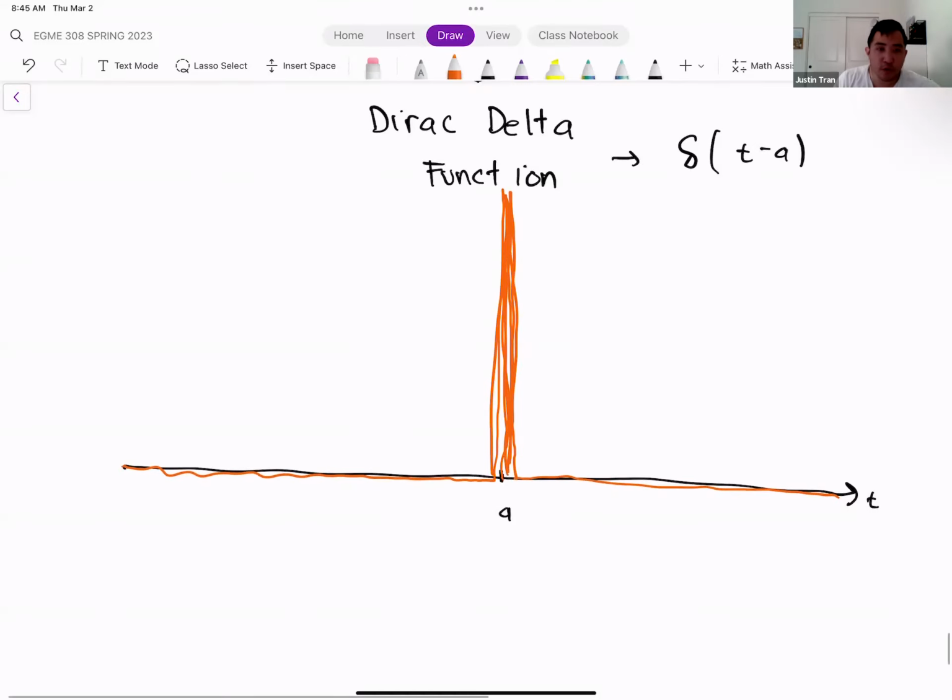If you were to write it out as a function, we have delta of t minus a is equal to: there are two possible values. When t is not equal to a, the function is equal to 0. And technically speaking, when t is equal to a, the function value is infinity.